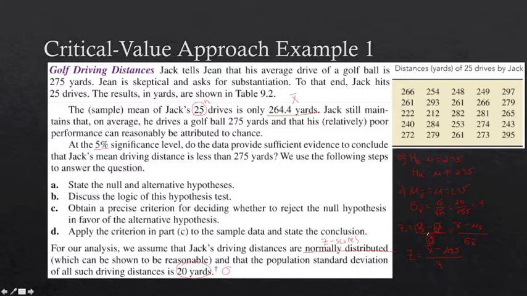It's not the t distribution. We know, number one, because it's normally distributed. T distributions typically aren't. Number two, we know the population standard deviation. It was given to us in the problem. That's not the case for t distributions. So that's how we know it's a z distribution.